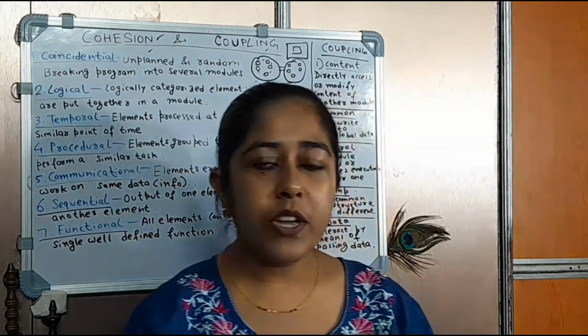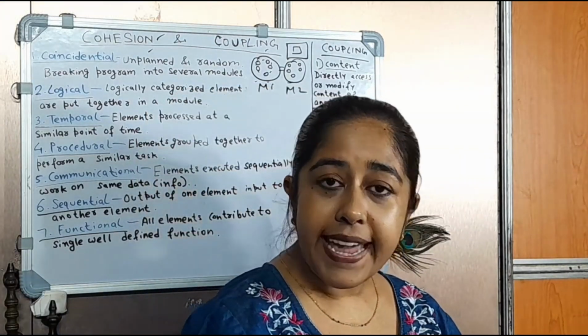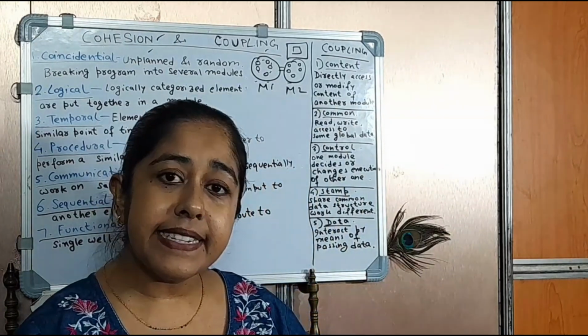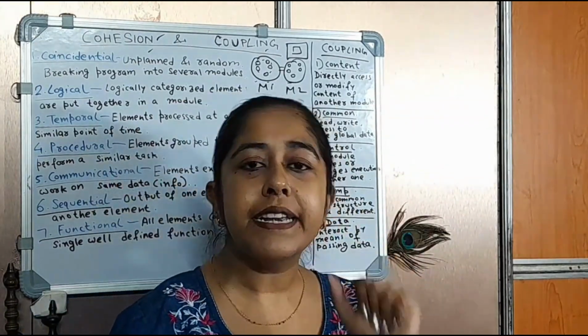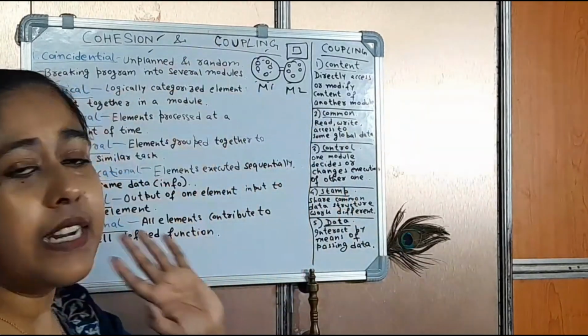Clear? Cohesion is the interdependability between elements of a particular module, and coupling is the interdependability between two modules. This is the difference between cohesion and coupling.